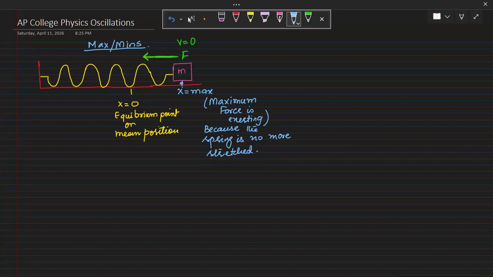And what if we start pulling? The spring is pulling the object back.